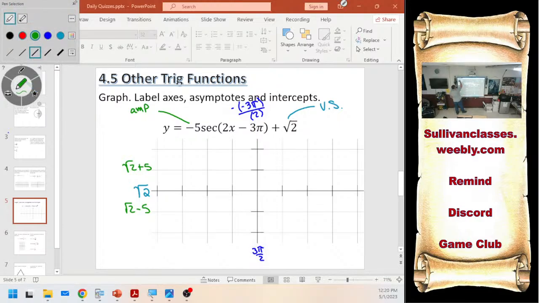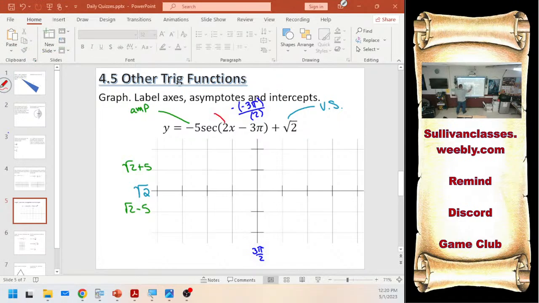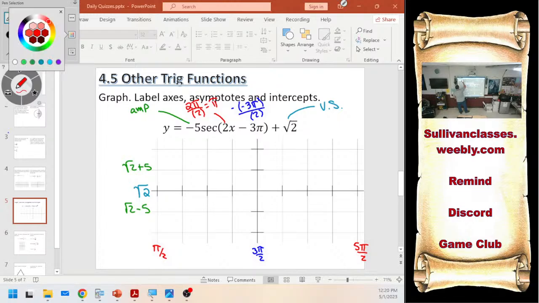Period is still 2 pi over b, which is just pi. So if I add a pi to that, I'm at 5 pi over 2. If I subtract a pi from that, I'm at just pi over 2.